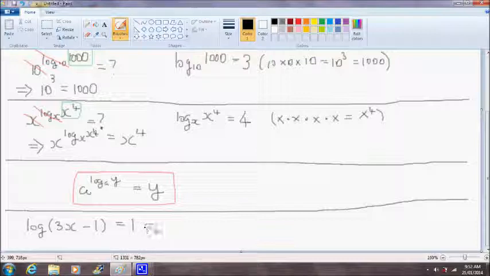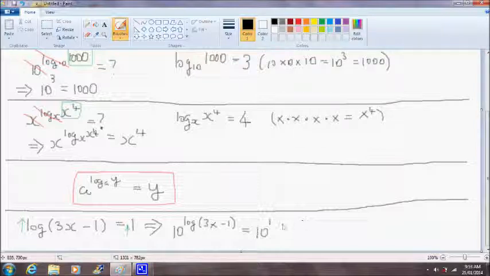So now if I was to manipulate this equation and say I'm going to raise this log as a power of 10, so I'm going to say 10 to the log of 3x minus 1, and what I do to one side of the equation I have to do to the other, so that will equal 10 to the 1. So this 1 will also be raised as an exponent.